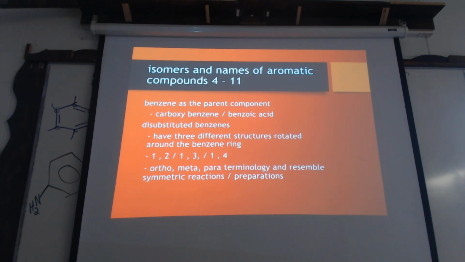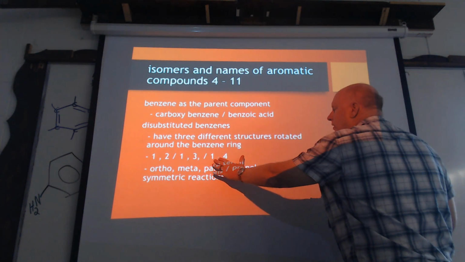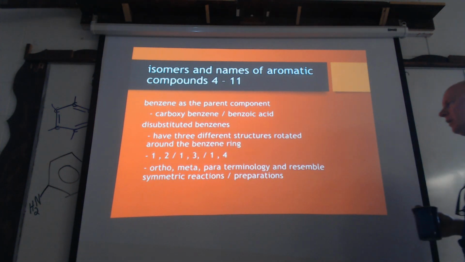Sometimes you may choose to use this numbering system, and these match up with this numbering system, where the letter o for ortho lines up with 1 and 2, meta with 1 and 3, and so on, with para matching up with 1 and 4.